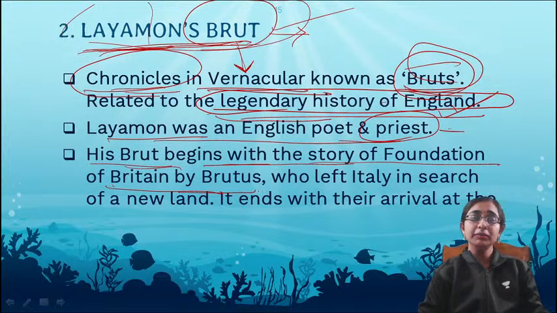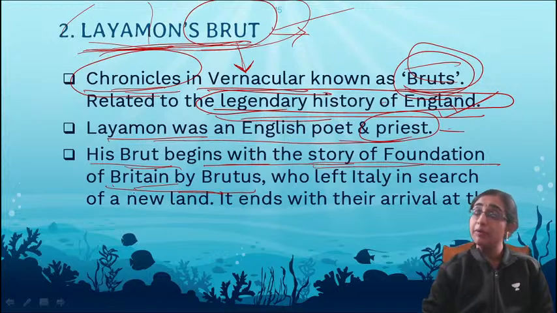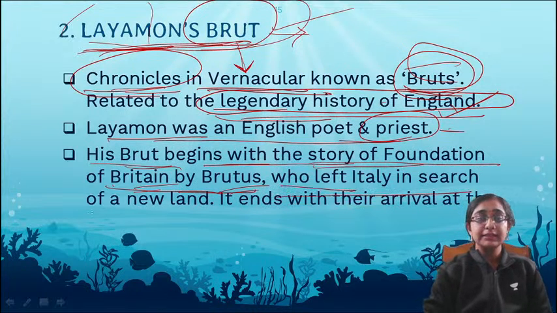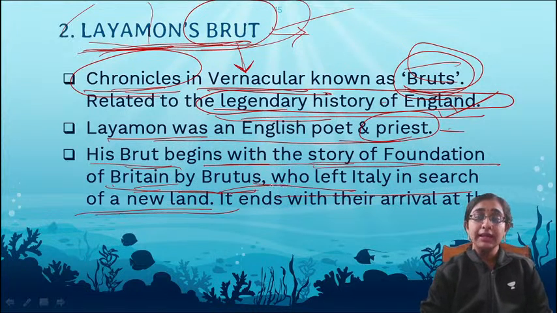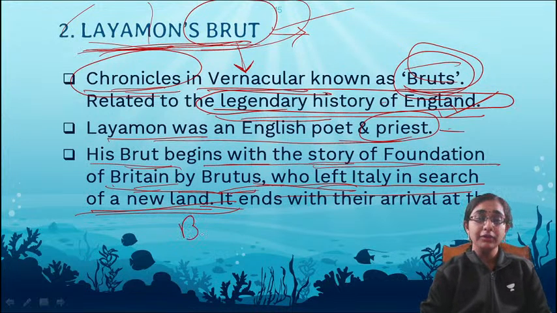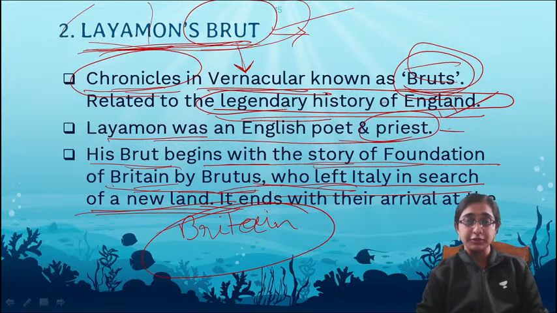As I have already told you, in Geoffrey of Monmouth's chronicle also the chronicle begins with the story of Britain's foundation by Brutus, the grandson of Aeneas, who left Italy in search of a new land. Thus he discovered a new land called Britain. So how Britain was formed was described in Layamon's chronicle also.